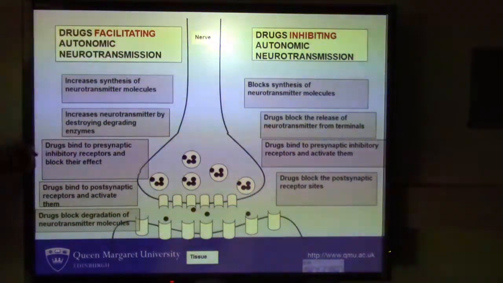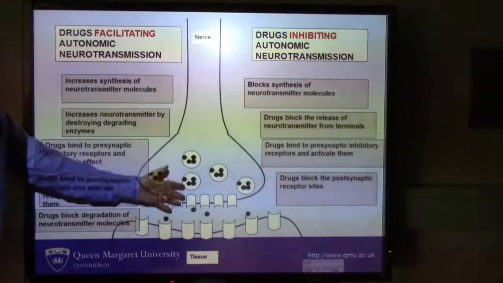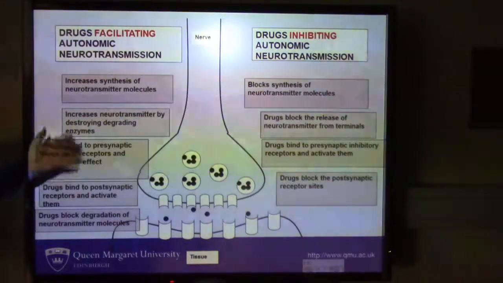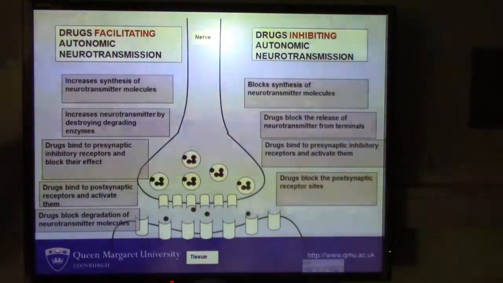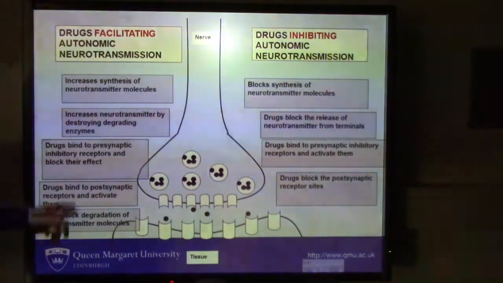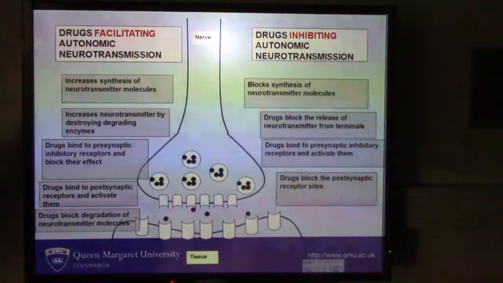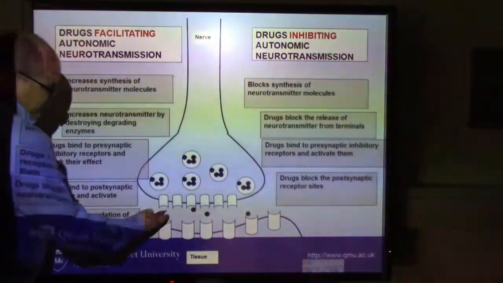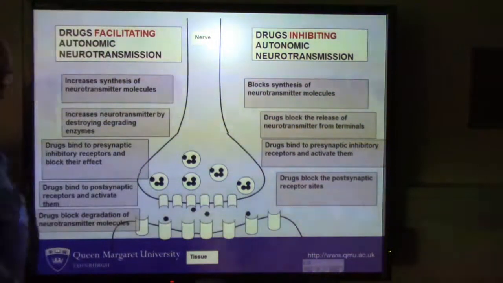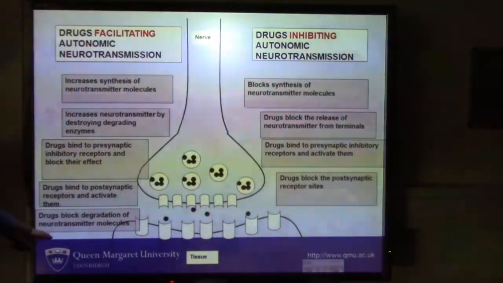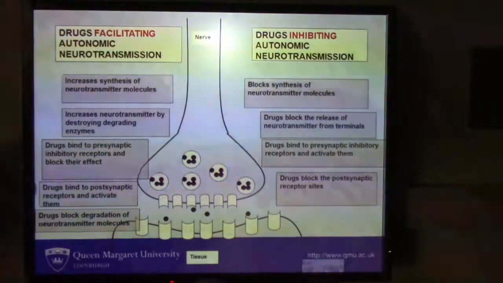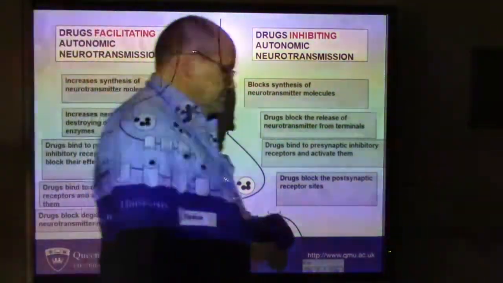You can bind to presynaptic receptors which are inhibitory, which would stop further release, and if you block them, you don't stop the further release. And then you can bind to postsynaptic receptors and activate them with an agonist. Also, once they come off the receptor, there's enzymes that break it down; block the enzymes that break it down. All of those things will facilitate neurotransmission.